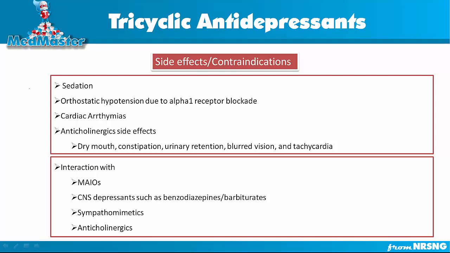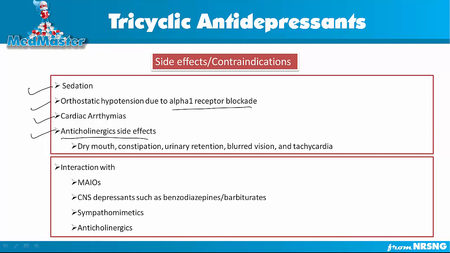So let's take a look. Sedation. It causes orthostatic hypotension because it blocks the alpha 1 receptors on the vessels, and we know alpha 1 receptor blockage will cause dilation of vessels. It can cause cardiac arrhythmia. It will cause anticholinergic side effects such as dry mouth, constipation, urinary retention, blurred vision, and tachycardia.